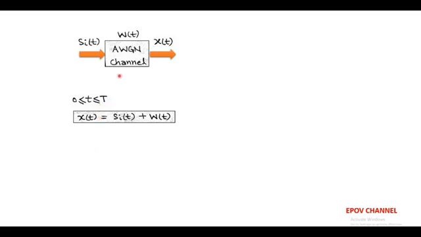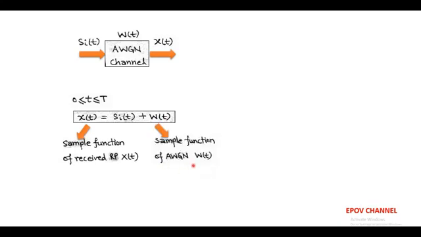Now, as the additive white Gaussian noise is random in nature, we call the received signal x(t) a sample function of the received random process, that is capital X(t). Also, W(t) is a sample function of additive white Gaussian noise with a mean value of 0 and variance equal to N0 by 2, that is the power spectral density.